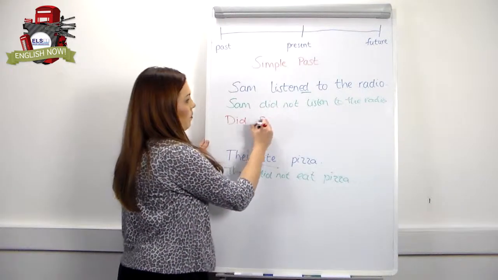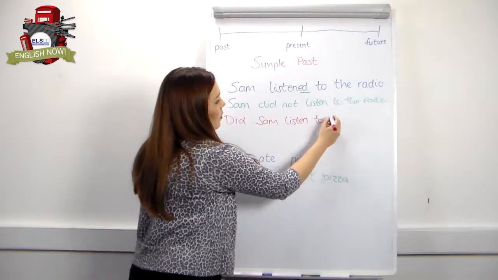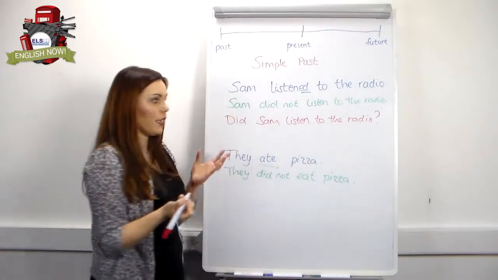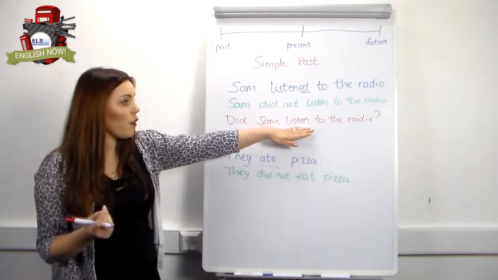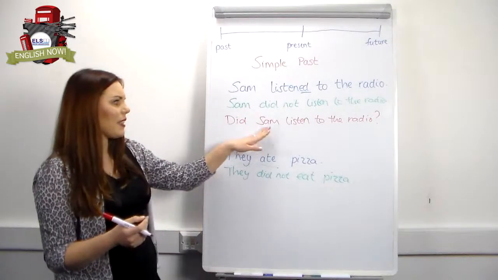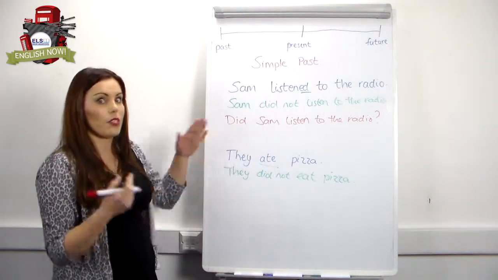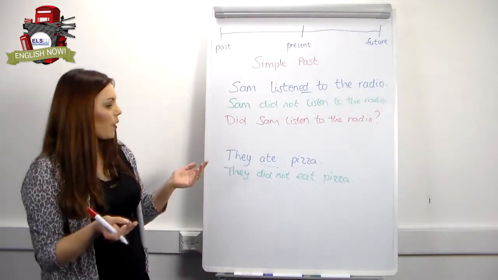Did Sam listen to the radio? Similar to the negative, we use the verb in the first form. We wouldn't say, did Sam listened to the radio? This word here tells us it's in the past. Did. It's the past of do, remember?